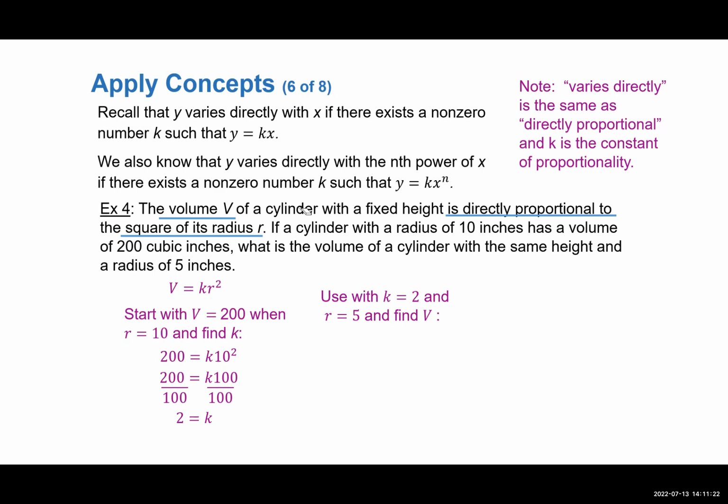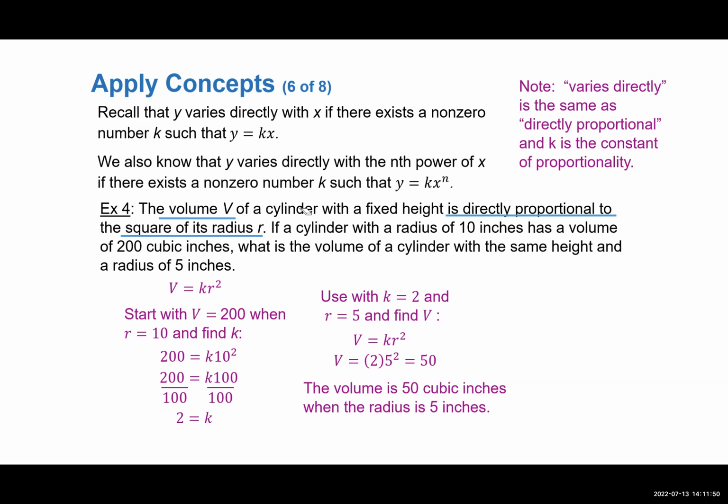So we'll say V equals k r squared. And then they tell us, well, what's the volume if the radius is 5? So we put 5 in for r, we put 2 in for k, and we solve. 2 times 5 squared. 5 squared is 25. 2 times 25 is 50. The volume would be 50 if the radius is 5.